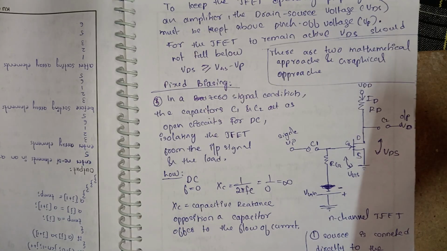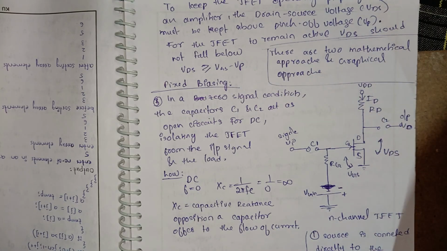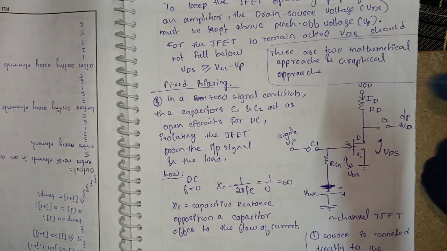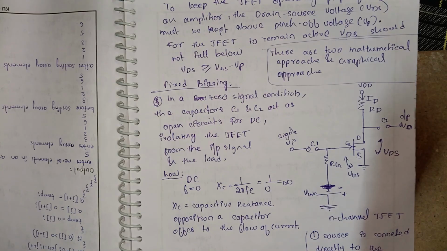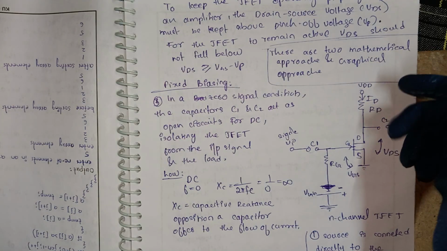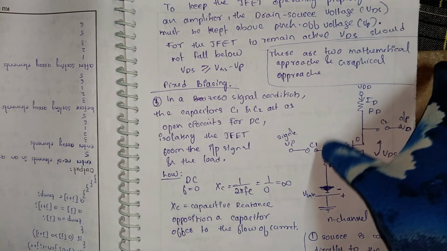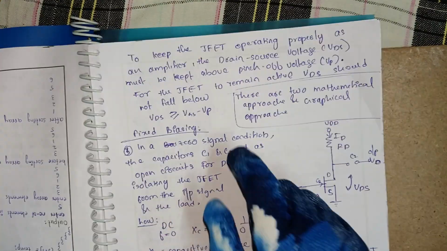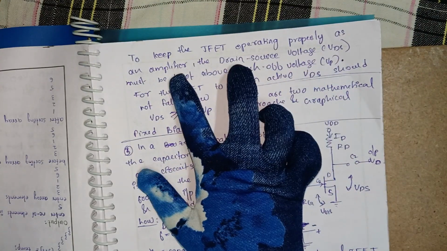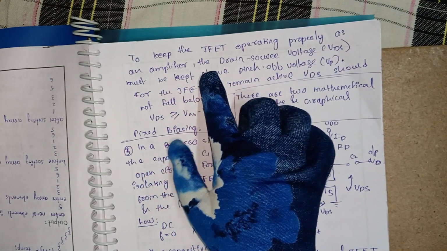So why we should carefully select RD: the positive voltage VDD should be sufficient for the flow of current between drain and source. So that's why we have to select RD carefully.